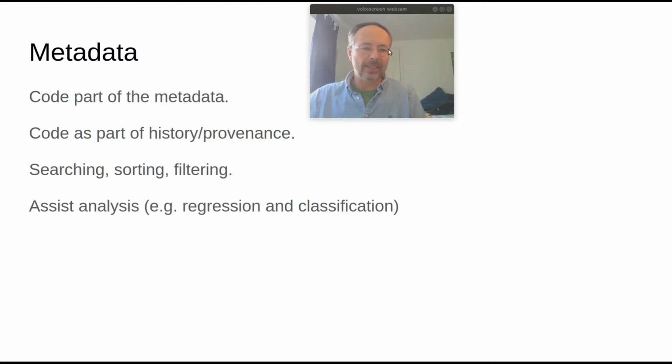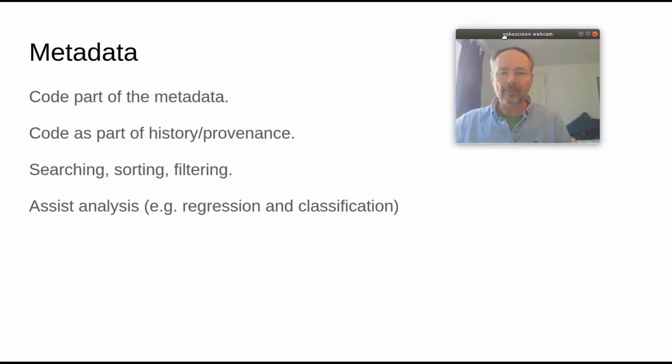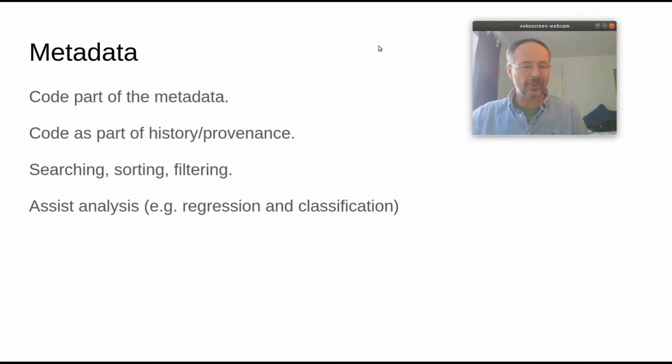But you need to have the correct structure as well as a set of metadata, or the convention. The metadata could be more than just information about the data. You could also include code as part of the metadata to tell the computer how to deal with it, either how to organize it, or how to read it, or how to do some kind of operation on it. We do that as part of a history provenance thing in the ESD package.